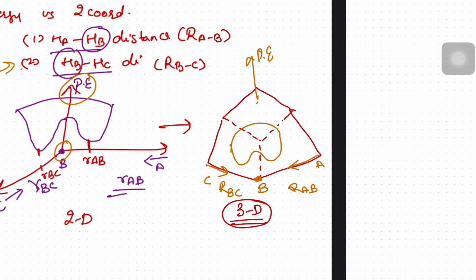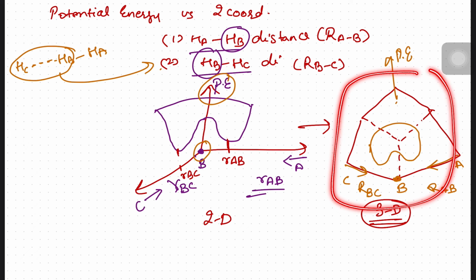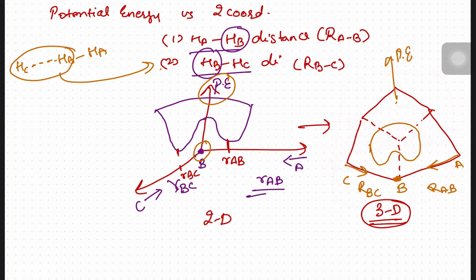Okay, then next is contour maps. Now, a contour map is what you get if I cut this three-dimensional figure into slices and take a slice of it.